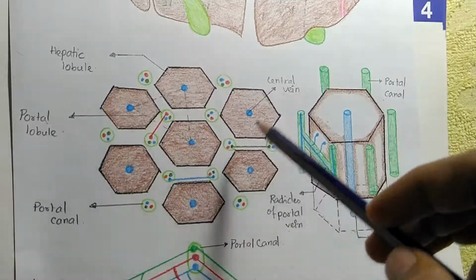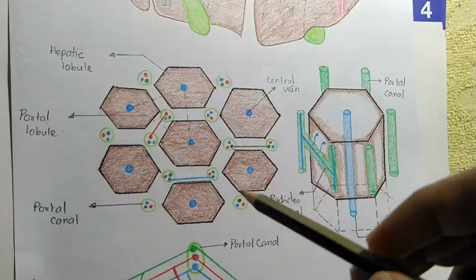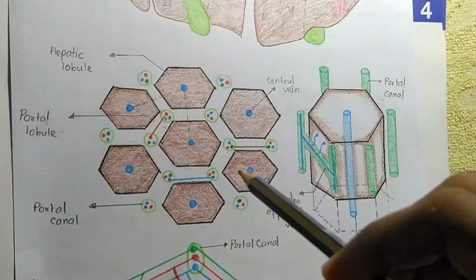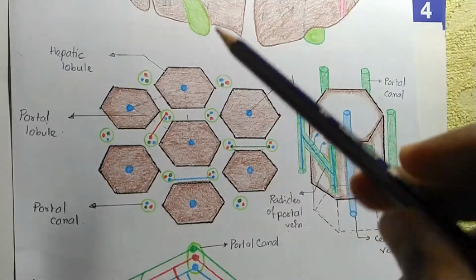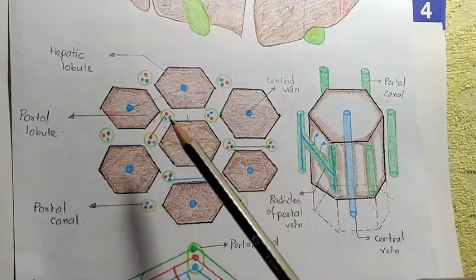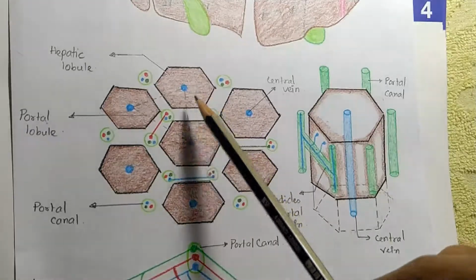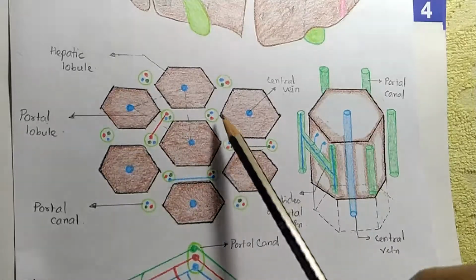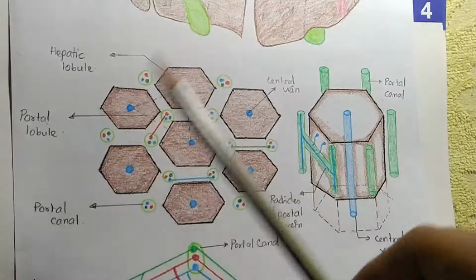So these are hexagonal in shape. There are millions and millions of hepatocytes present in the liver, but they are connected individually by their own vascularity. You can see in between the hepatocytes there are arterial, venous and biliary connections.